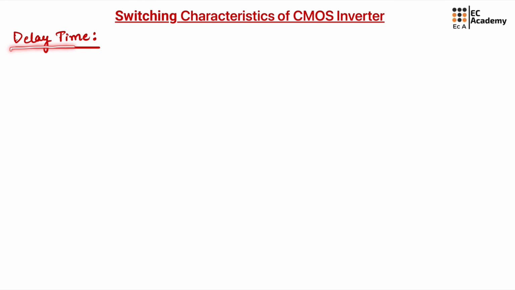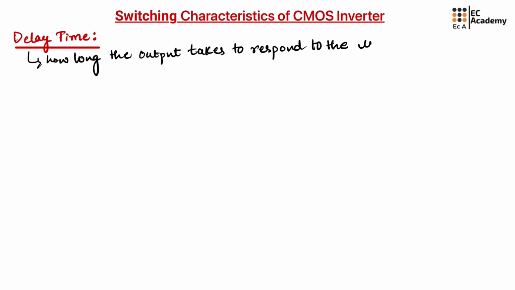Now let us understand delay time, which is propagation delay. The rise time tells us how quickly the output moves from 10% to 90%. The fall time tells us how quickly the output moves from 90% to 10%. But the propagation delay tells us how long the output takes to respond to the input.